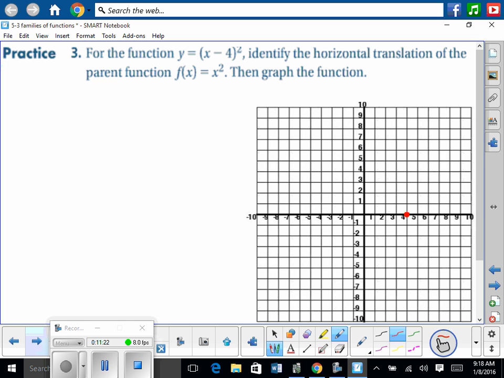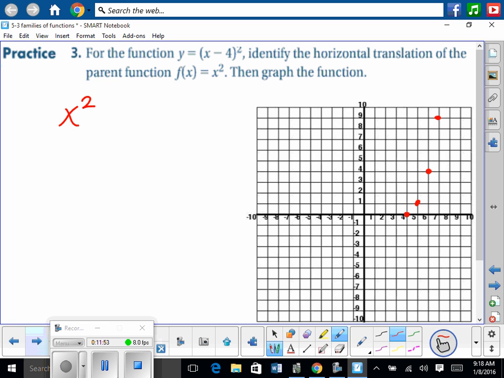So we know the parent function is f of x equals x squared. So we have x squared was right here, and we shifted it right 4. Now from there, we know how to graph quadratics, right? You go over 1, so that's our vertex, then over 1 up 1, over 1 up 3, over 1 up 5.